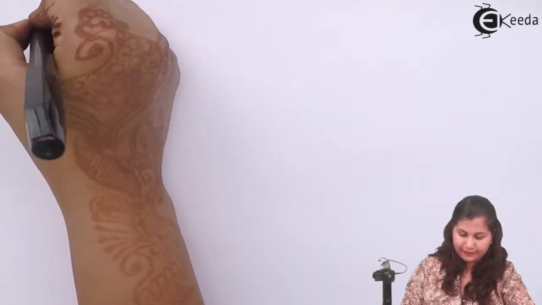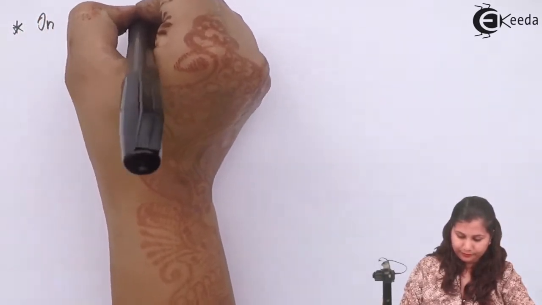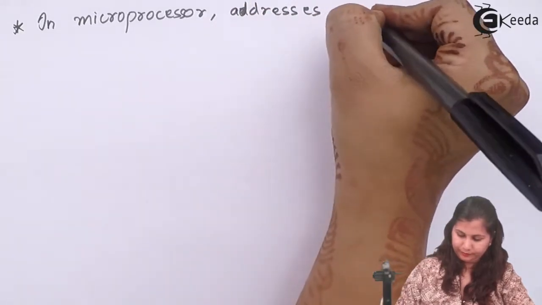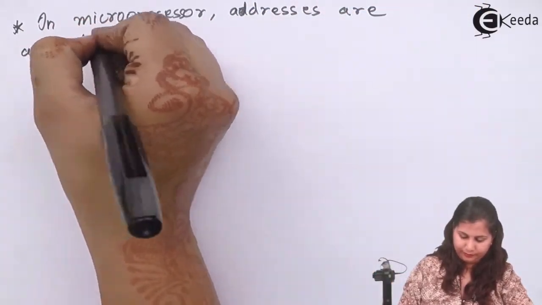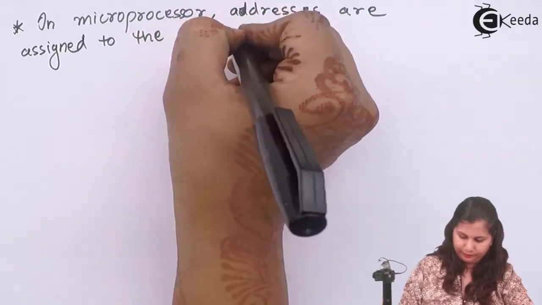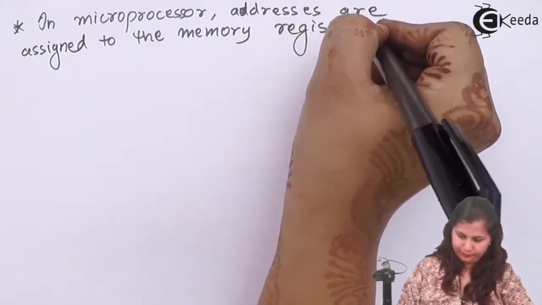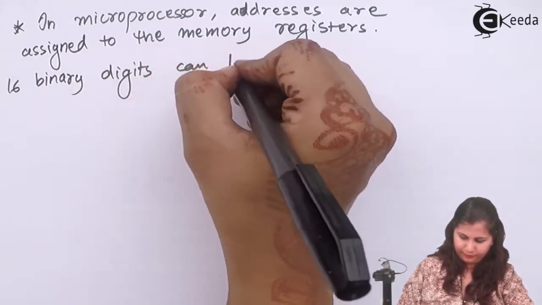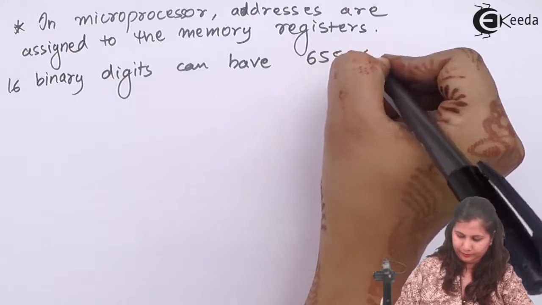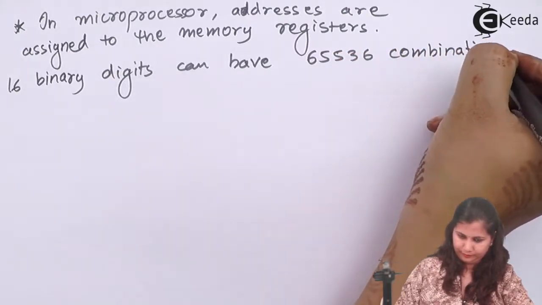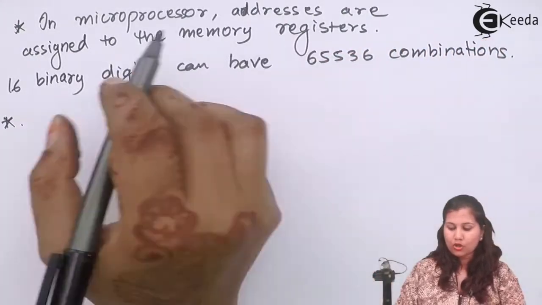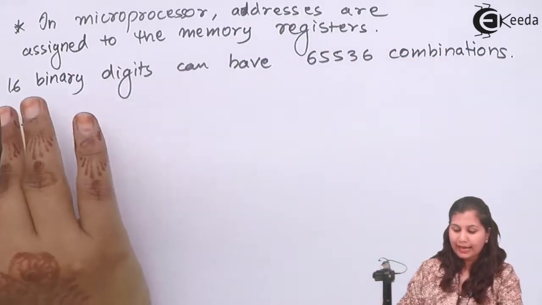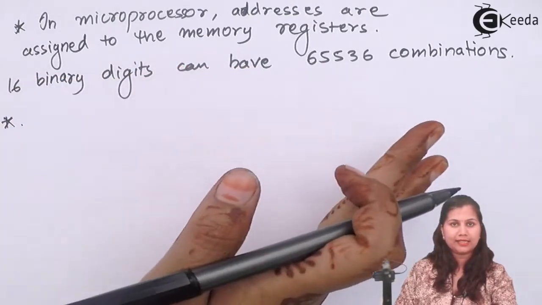So in the microprocessor, addresses are assigned to each of the memory registers, and the microprocessor has 16 address lines.